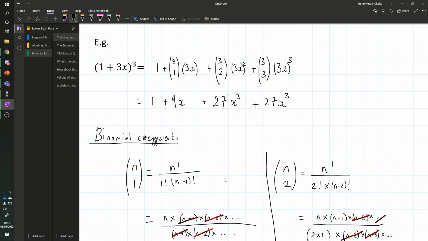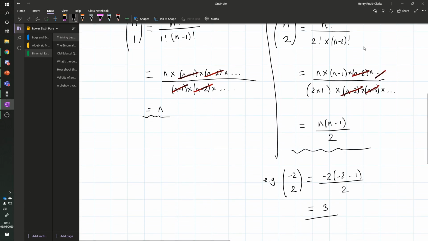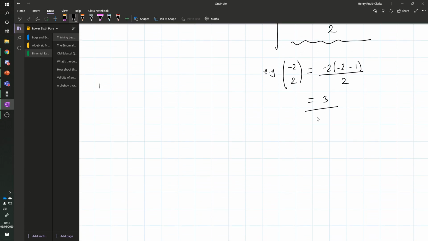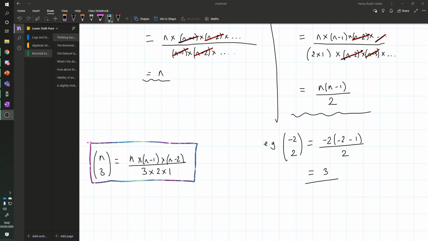Quite an interesting piece of algebra to manipulate this, and indeed we could do the same exact thing with n choose 3. I could write out all the terms, cancel them, and get a similar formula for n choose 3. So I'm just going to write that out here. It would be this.